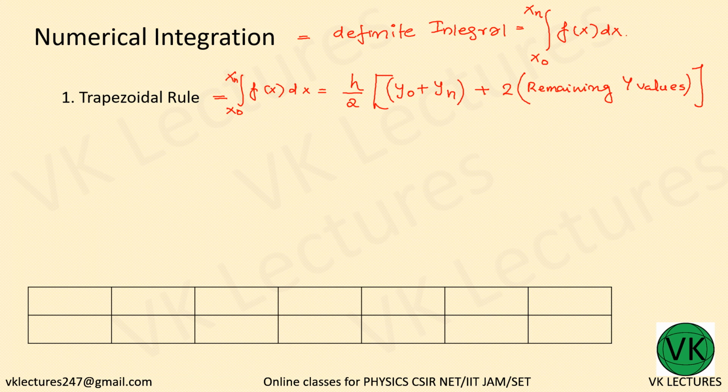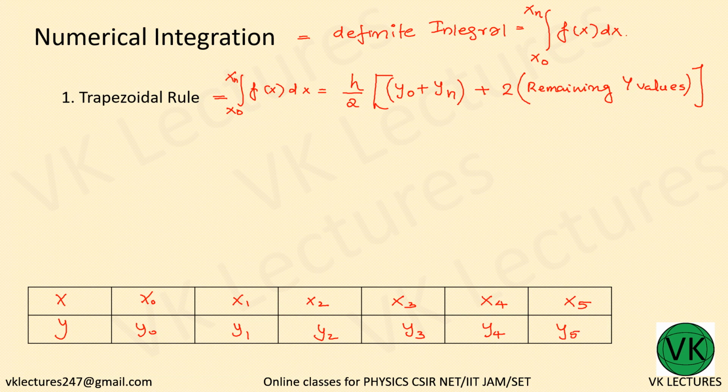Now just for an example, let us take the values x and y. The values of x start from x0, x1, x2, x3, x4 and x5. The corresponding values of y are y0, y1, y2, y3, y4 and y5.